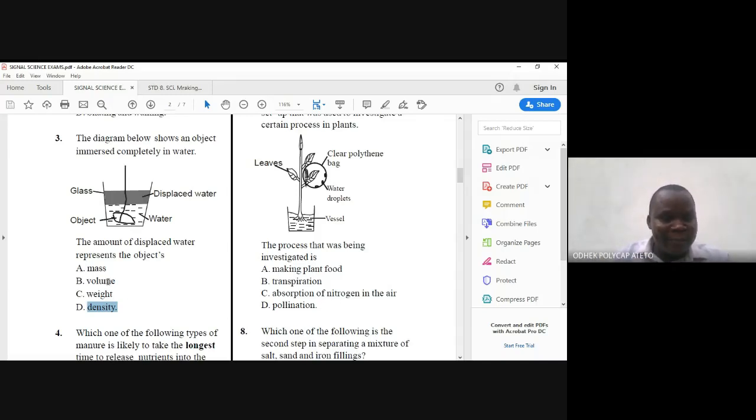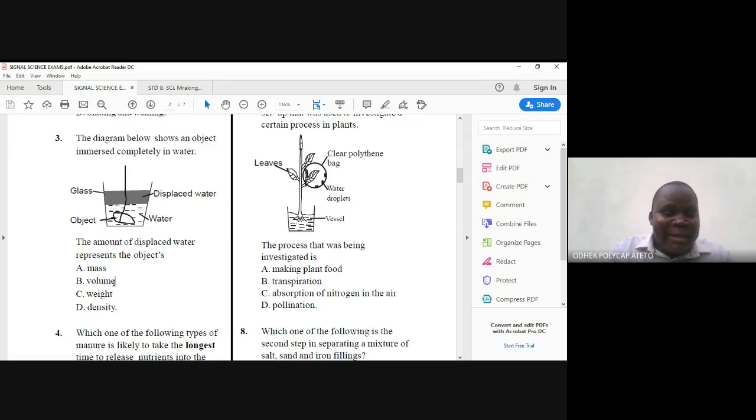So, Melissa, the only thing that I cannot calculate normally for a stone is the volume. Because volume, we have said, is the space occupied by a substance, and it is measured in centimeters cube or meters cube.